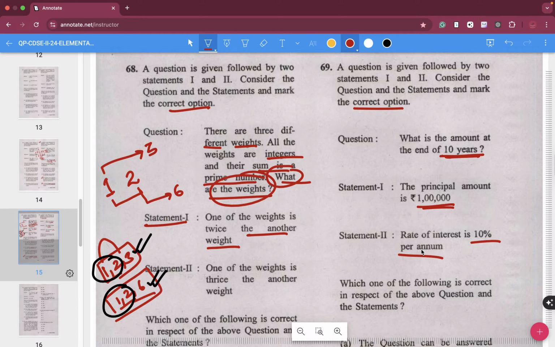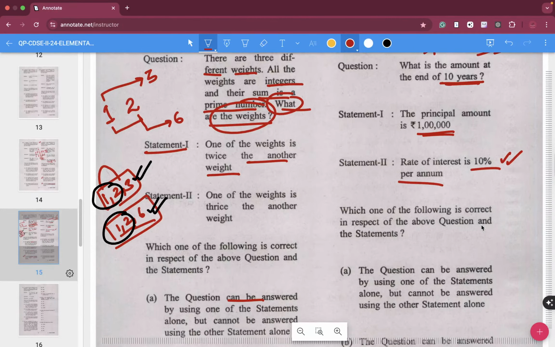Can we answer this? The principal is P into 1 plus R raised to the power T. It could be either simple interest or compound interest; it does not really matter.